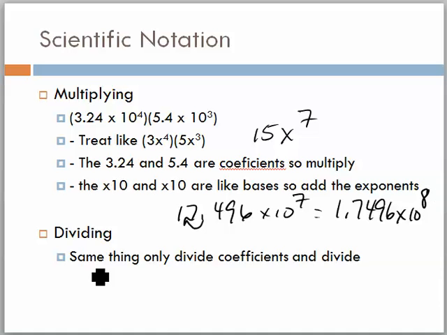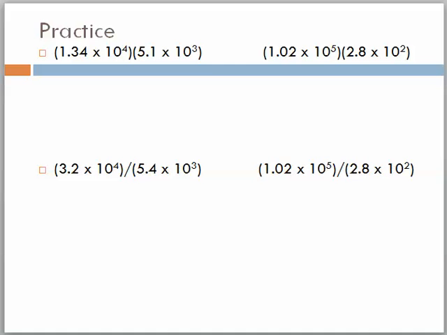When it comes to dividing, we do the exact same thing, except we divide the coefficients and we subtract our exponents. So let's look at some examples of this. Let's start up here at the top, and I'm going to use my calculator for some simple math. I'm not going to try punching in the times 10 to the fourth or the 10 to the third.